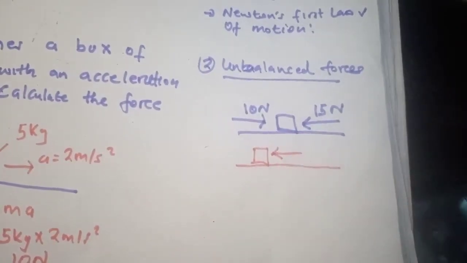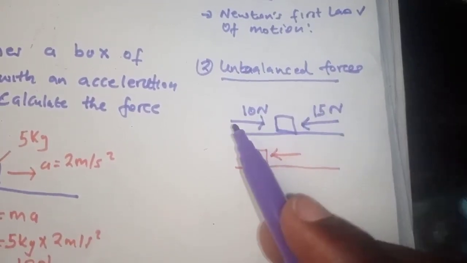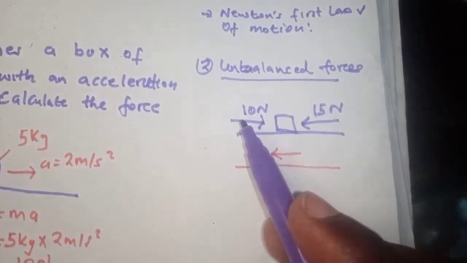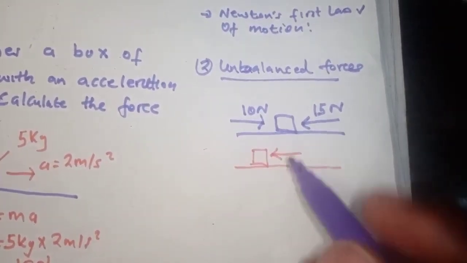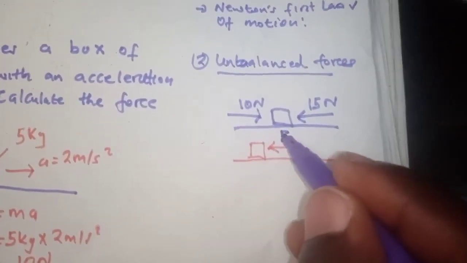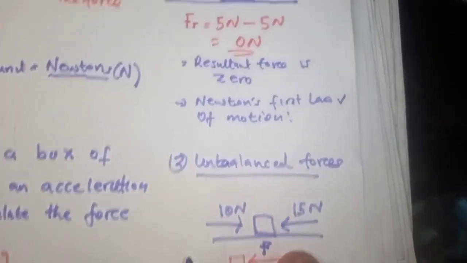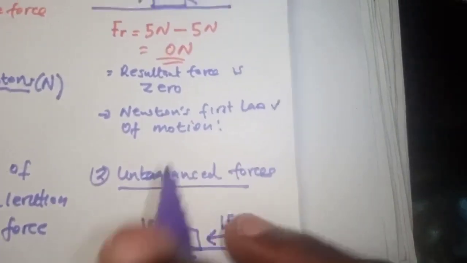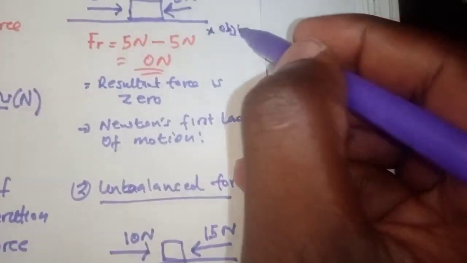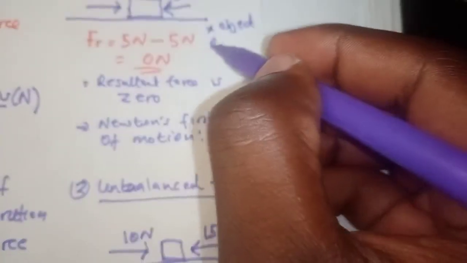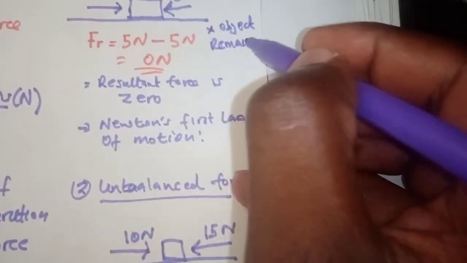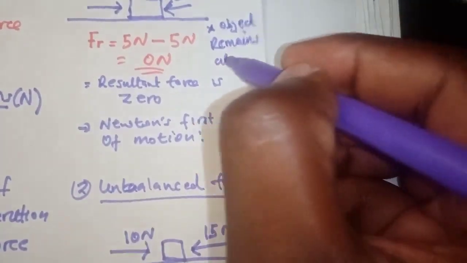Why is it going to be pushed this side? This is because you have a greater force here that is able to overcome the lesser force on this side. In the balanced case, the object remains at rest because the forces are balanced.